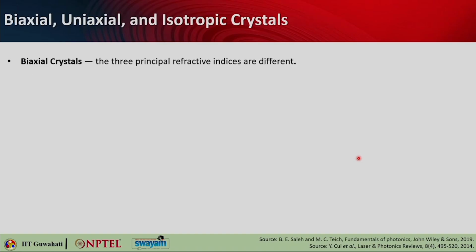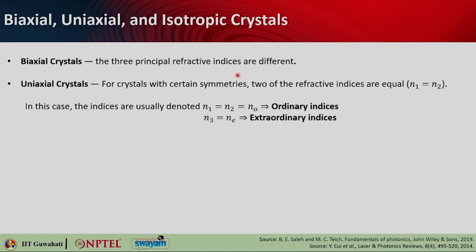That brings us to the different classifications of crystals. You can have biaxial crystals, where the 3 principal refractive indices are different. You can have uniaxial crystals, which have certain symmetries where 2 of the refractive indices are equal, say n1 equals n2, and the third one is different.